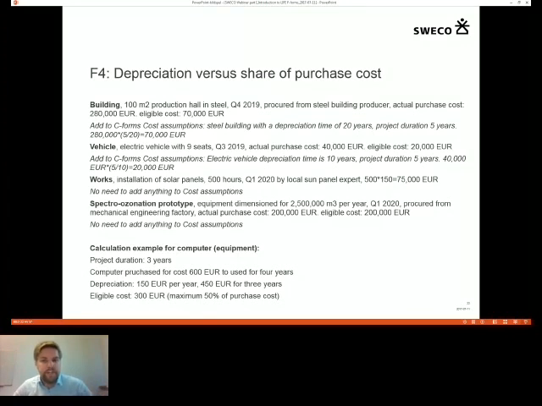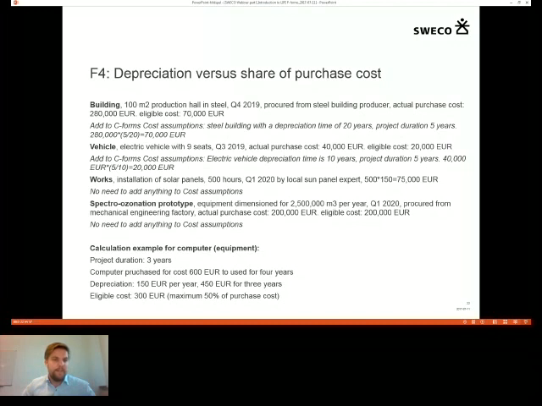The project duration is 5 years. And this means that during the project duration, the building will depreciate to 25%, which is 70,000 euros.